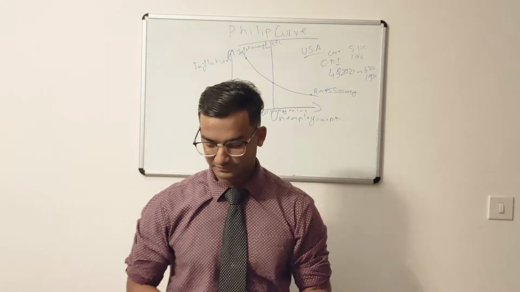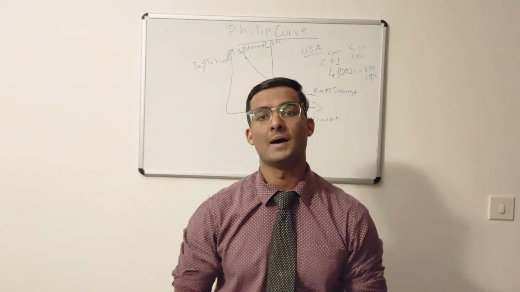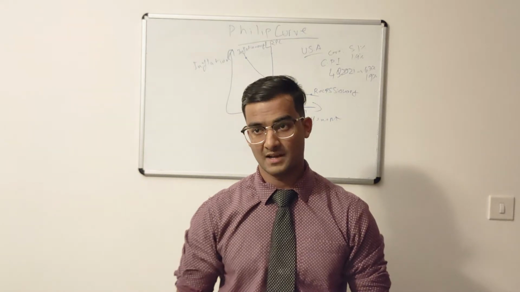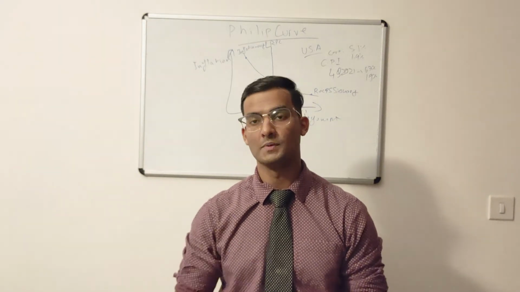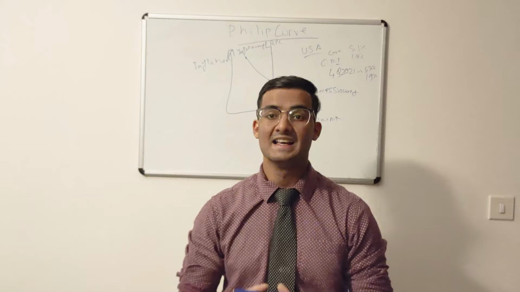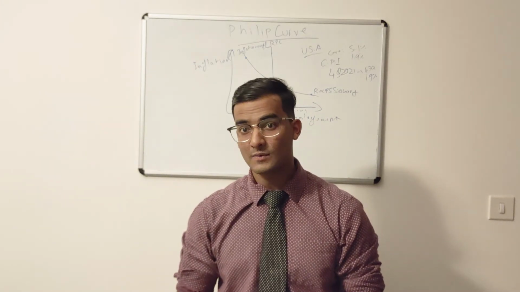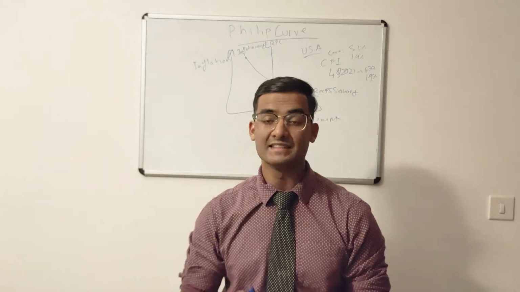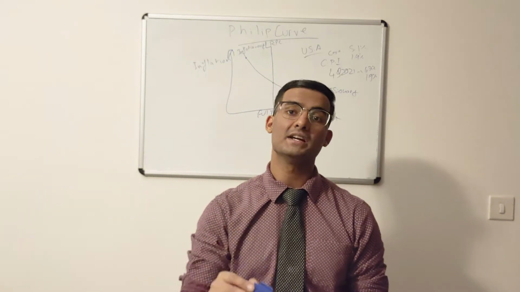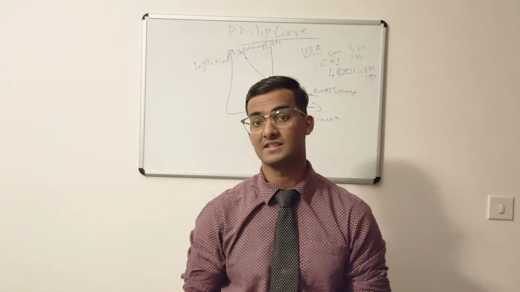Now, according to the JP Morgan third quarter report of October 2021, the unemployment level in the USA was actually at its lowest, and that low was compared to the period in 1969.